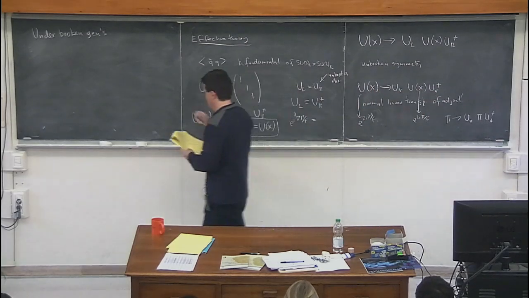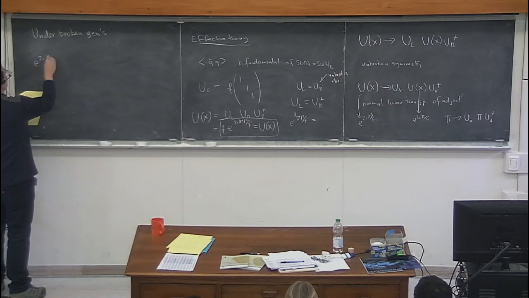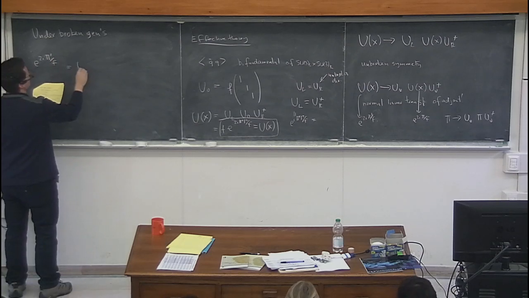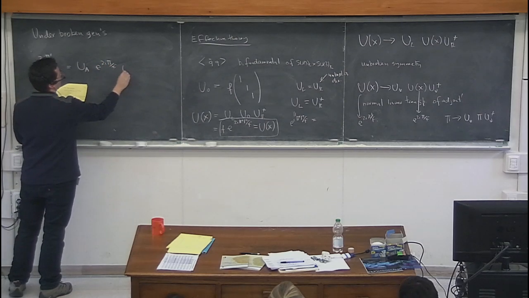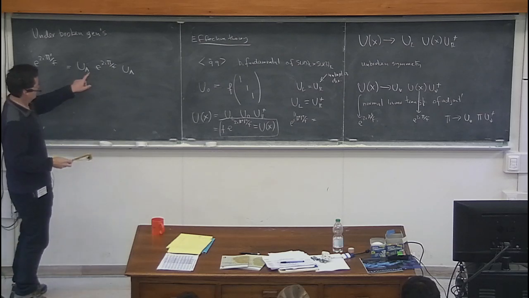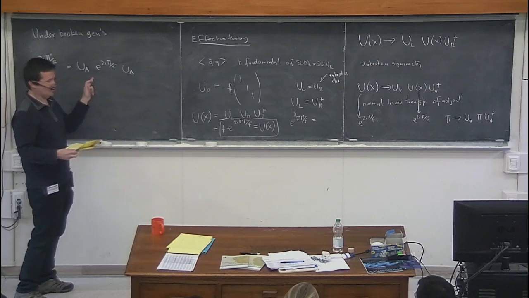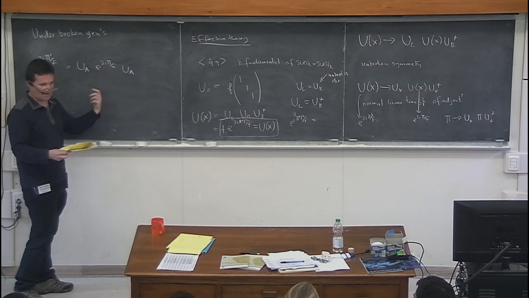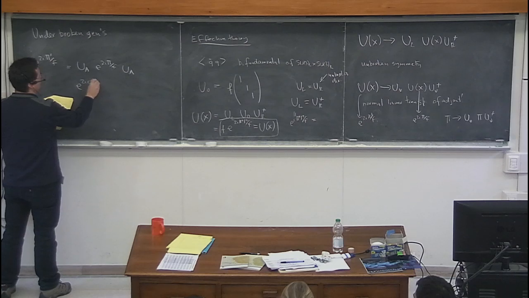So the way I'm supposed to write this whole story is that e to the 2i pi prime over f is equal to U_A e to the 2i pi over f U_A. Now this U_A is an SU(3) direction, so I'm going to still parameterize it as a transformation e to the 2i c^a T^a over f.